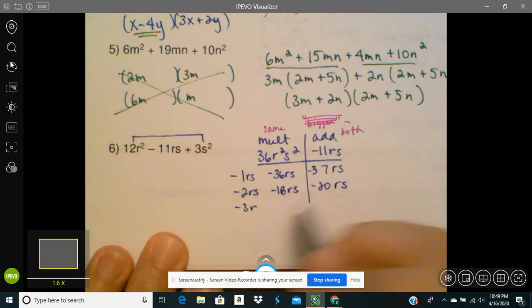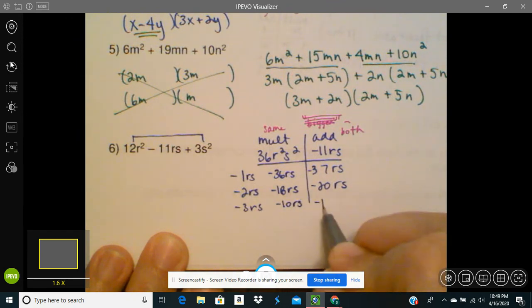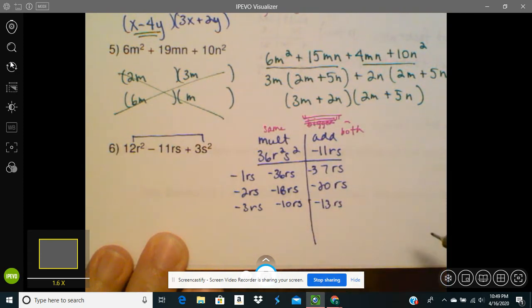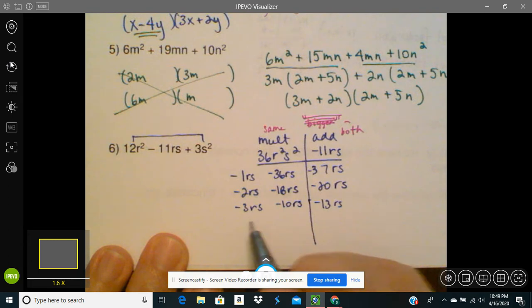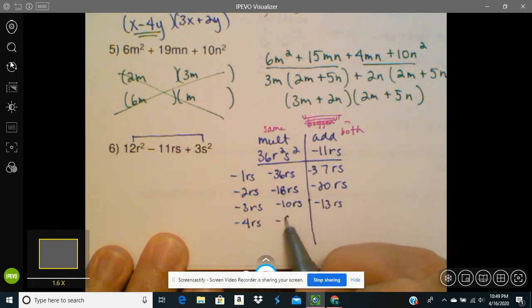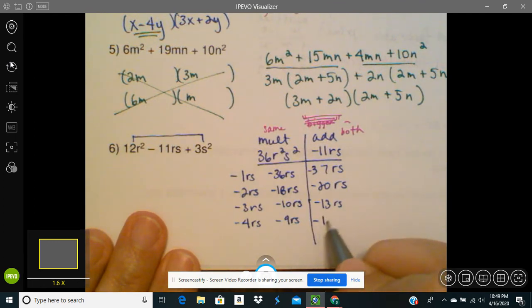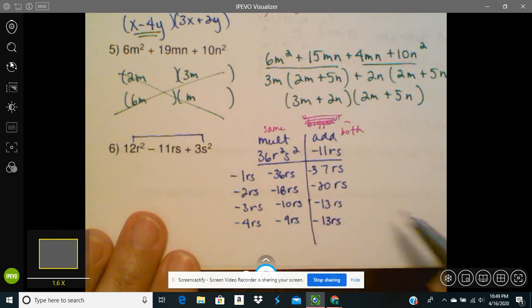We have negative 3 rs and negative 10 rs, which adds to negative 13 rs. All right, we're getting closer. We have negative 4 rs times negative 9 rs. That also adds to negative 13 rs.